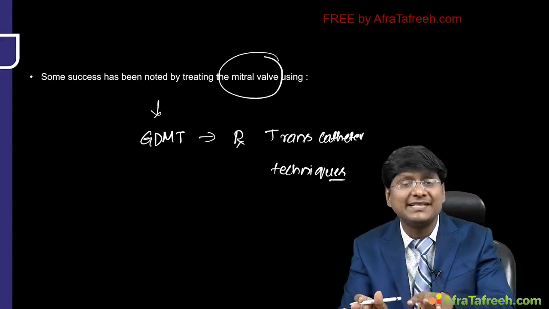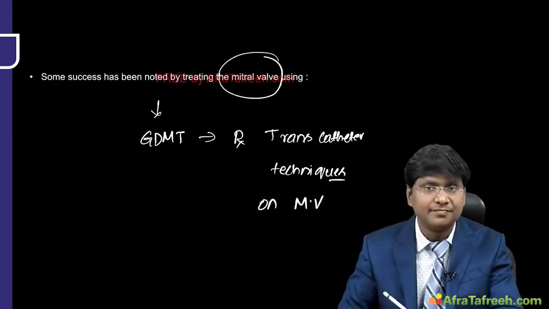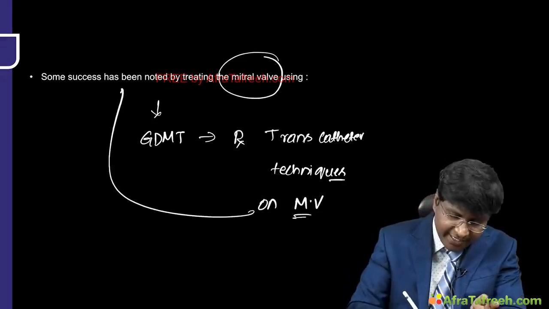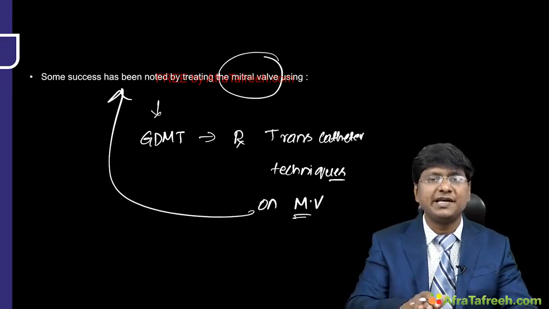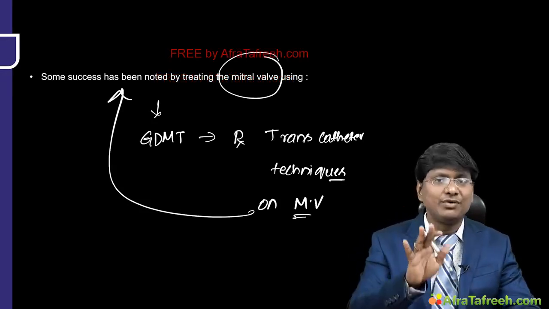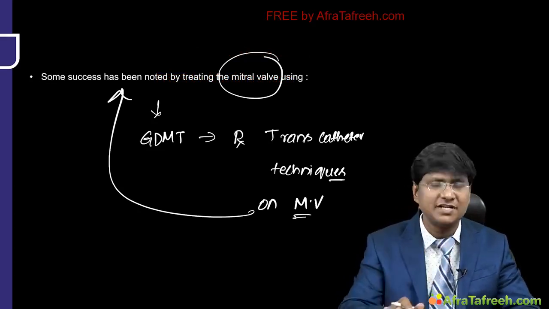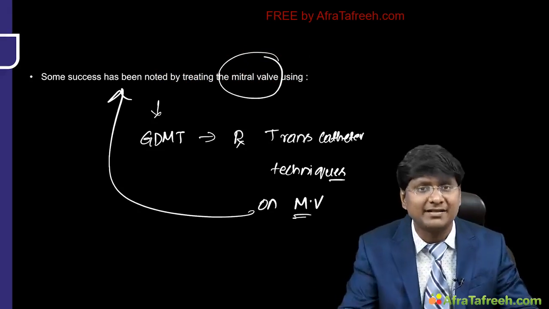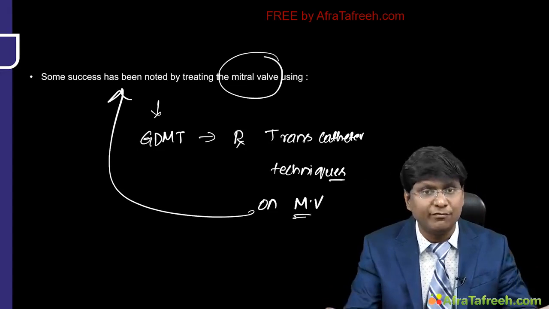So these transcatheter techniques on the mitral valve have been found to be successful in reducing the mitral regurgitation and thereby reducing the progression of the heart failure. Okay, so this is about the mitral regurgitation and how to handle it. First treat by guideline directed medical therapy, and then followed by that the transcatheter mitral valve technique should be followed.